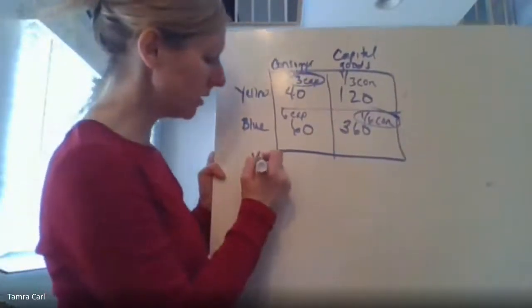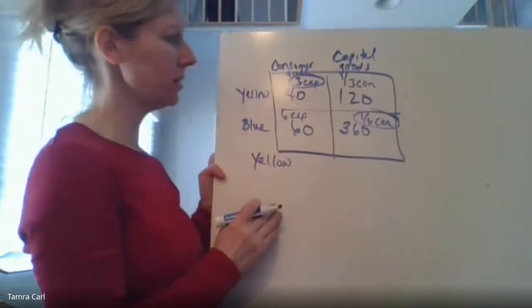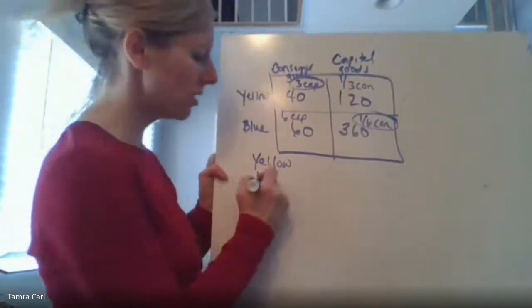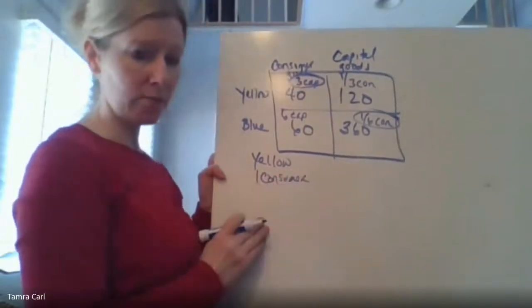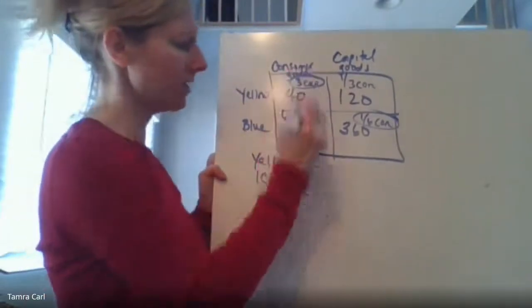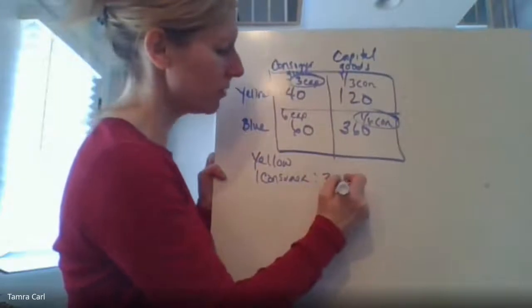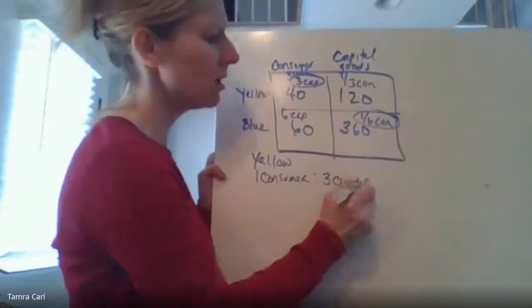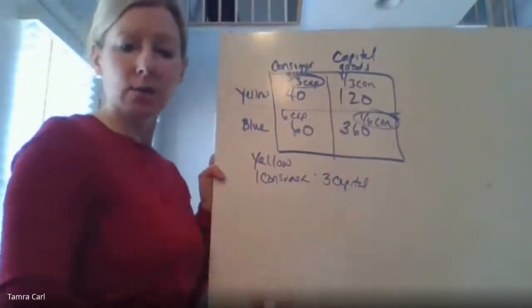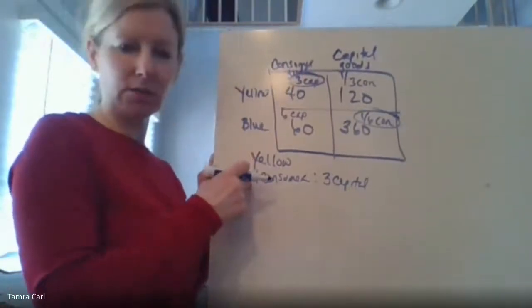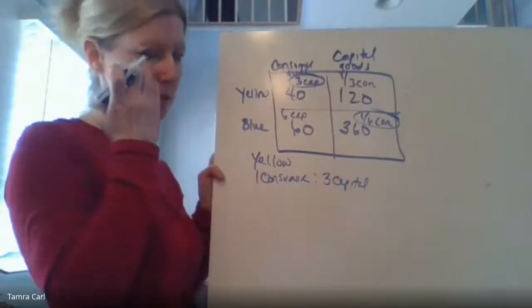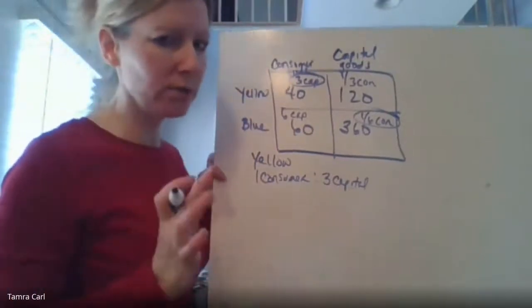So what we know here is that country yellow is good at making consumer goods. So for every consumer good that they make, they have to get at least 3 of the capital goods. Why? Because otherwise the opportunity cost is larger than if they just made that consumer good themselves. It doesn't make sense to trade. Everybody wins from trade.